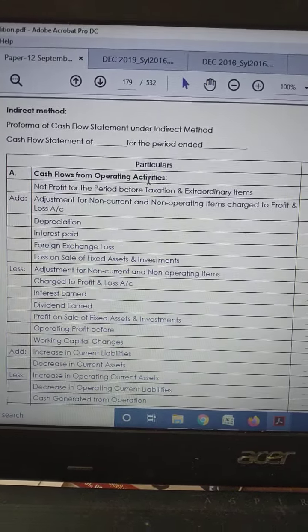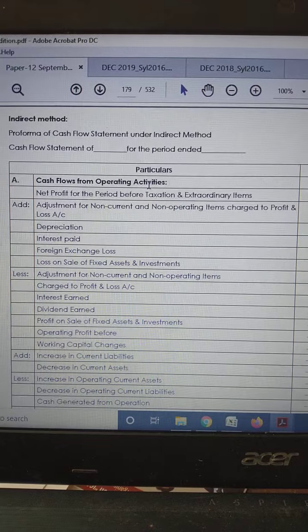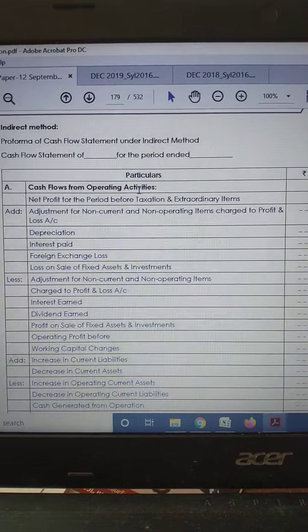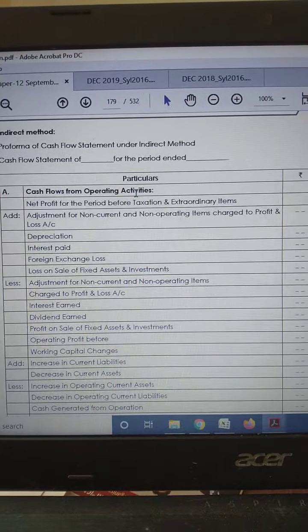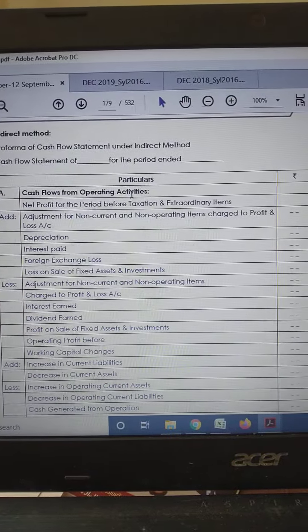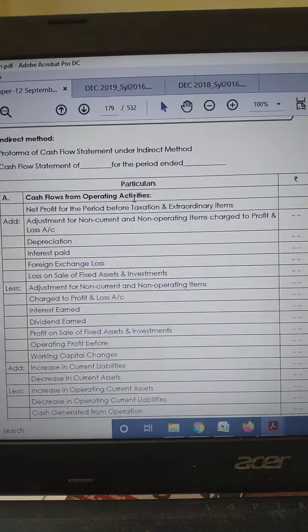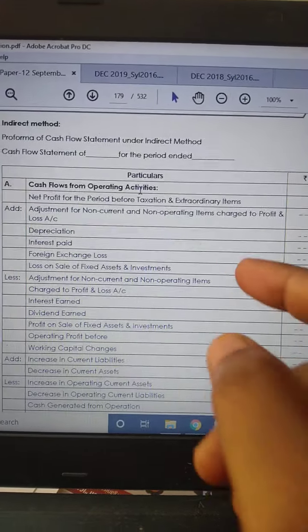Similar types of questions will be tested in examination mostly. So before that, please go through the format. I'll just revise the format once again.